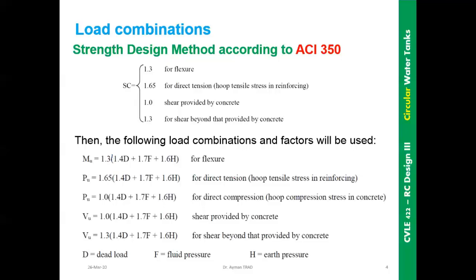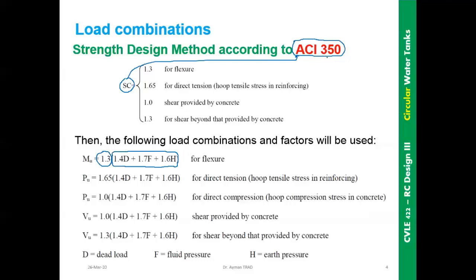They will be the same ones as in the ACI 318, the code for buildings, but each time multiplied by a sanitary coefficient. This sanitary coefficient is a coefficient specific to the structures covered by the ACI 350, which is the ACI for environmental structures, where water tanks are covered.